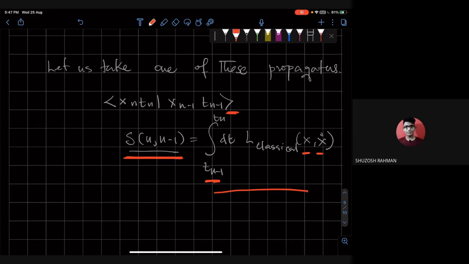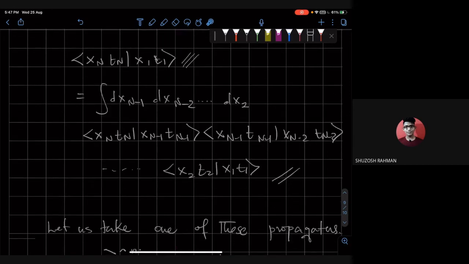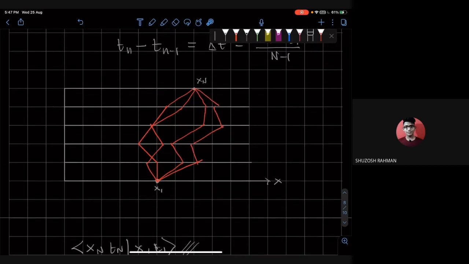So even though I'm writing the action as a function of n and n minus 1, it's only specified after I give you a particular path, which starts at t_(n-1) and goes to t_n. If I go back to my picture, suppose this is t_(n-1) and this is t_n. There are many paths that go from here.